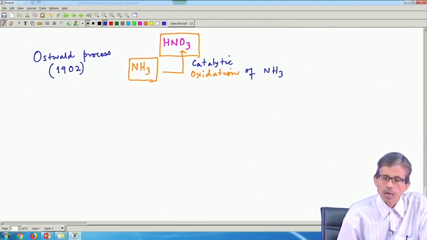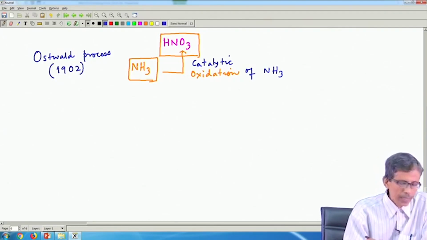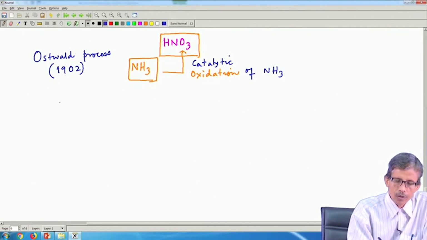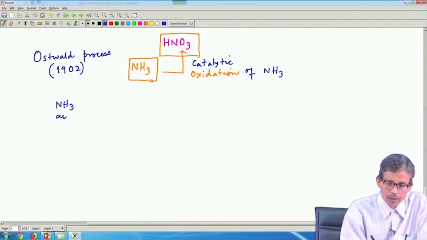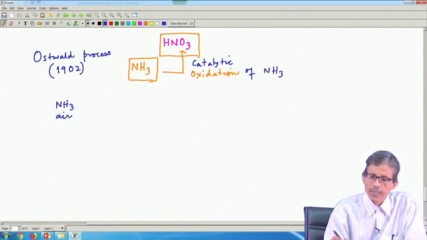So, this particular Ostwald process will be dependent on the availability of ammonia. So, we will have ammonia and simple air, not any other thing, that means O2 present in air.